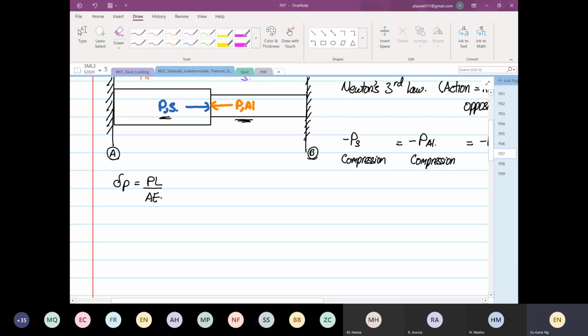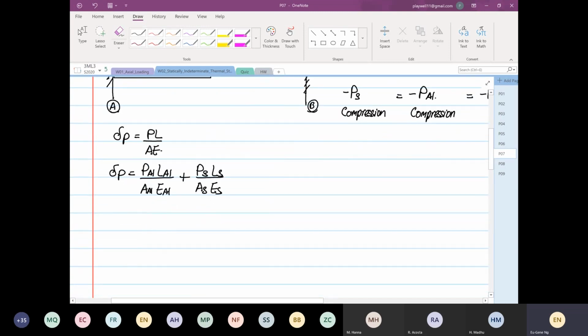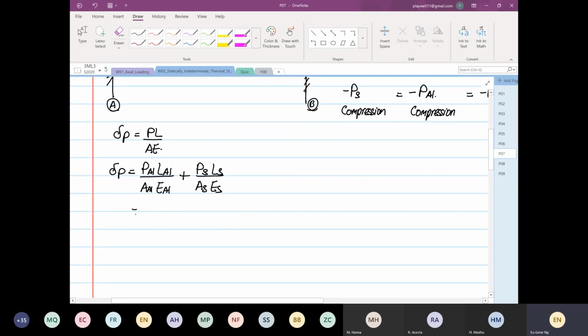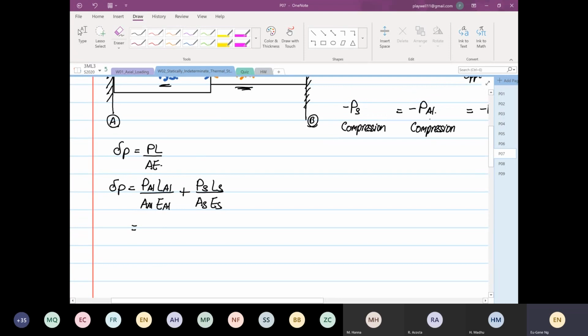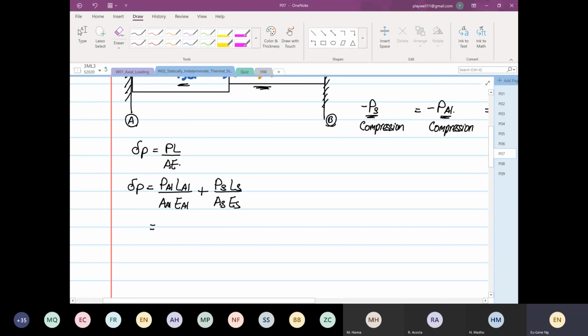AE. Okay, so delta P is equal to P of aluminum, L of aluminum divided by A of aluminum, E of aluminum, plus P of steel, L of steel, A of steel, E of steel. Okay, so this will be equal to, so we know that the P for the aluminum, the P of the steel is all equal to what? Minus P.